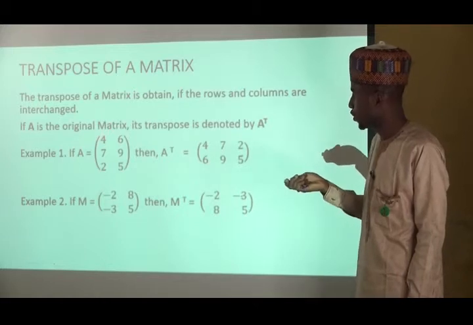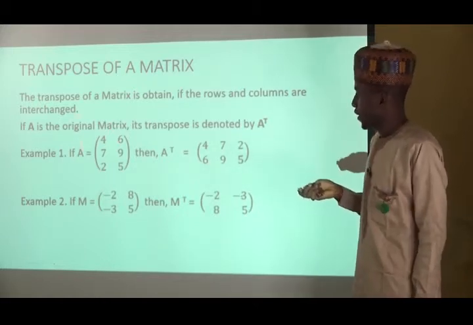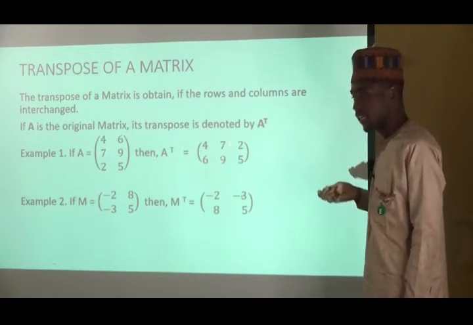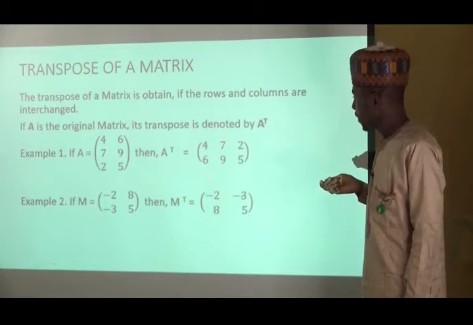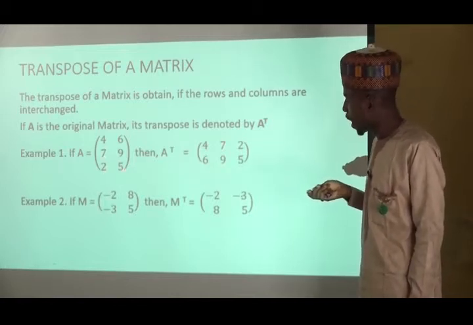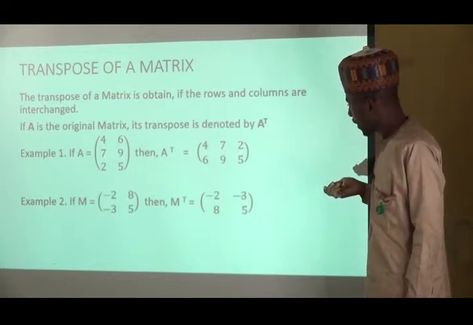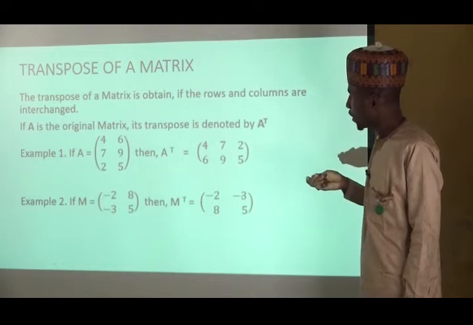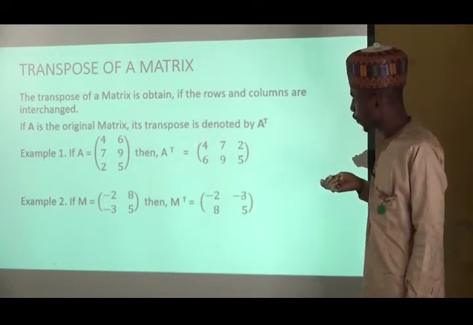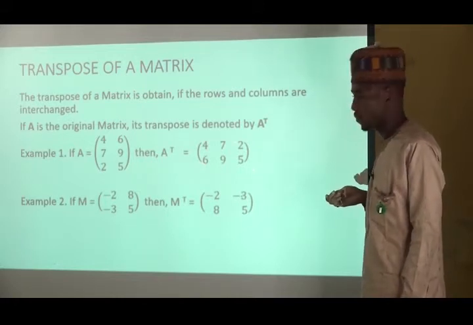Then second row 7 and 9 will now be the second column, that is 7 and 9. Then third row 2 and 5 will now be the third column, 2 and 5. Therefore, A transpose is a matrix with columns 4, 6, 7, 9, 2, and 5.